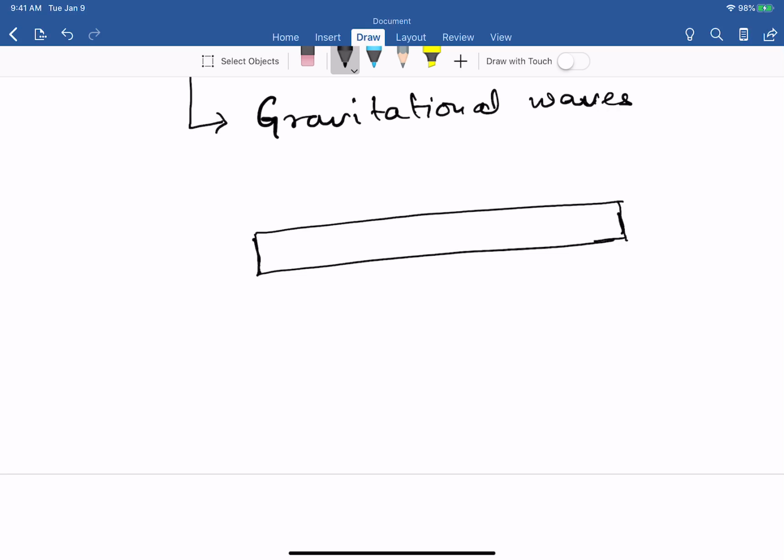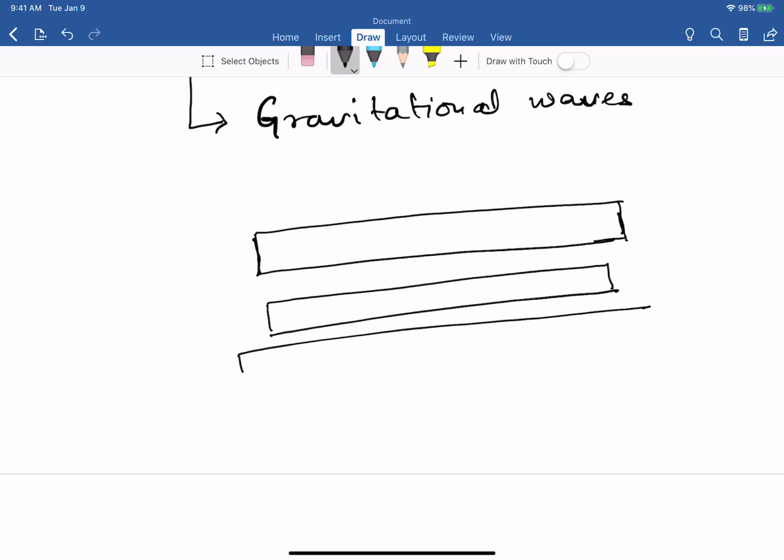What the gravitational wave is going to do is slightly alter the length of the tunnel. So the length of the tunnel will shrink and then expand, and then again shrink and then again expand. So the length of the tunnel is going to slightly vibrate when a gravitational wave is passing through it, because space-time itself is vibrating.